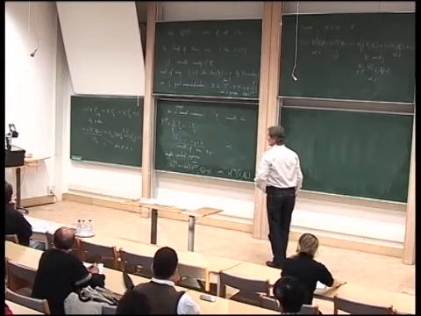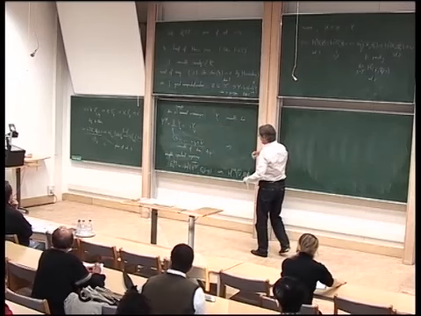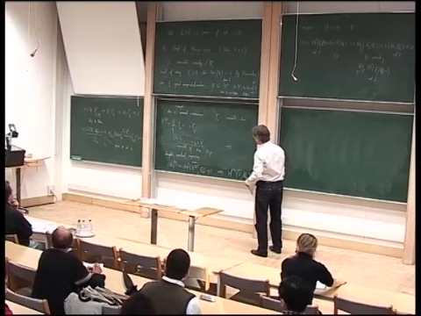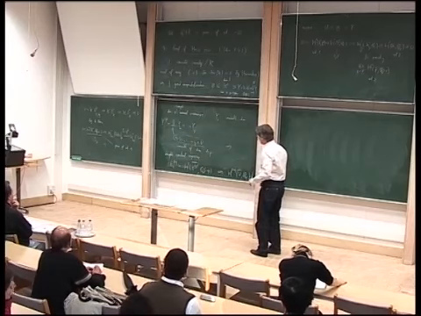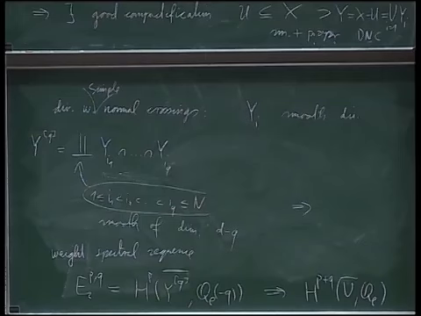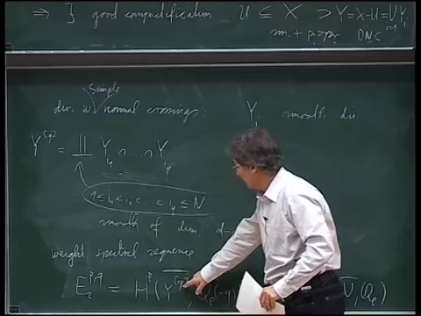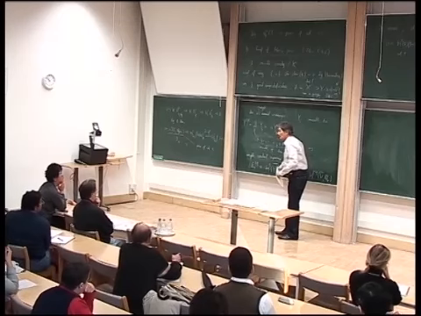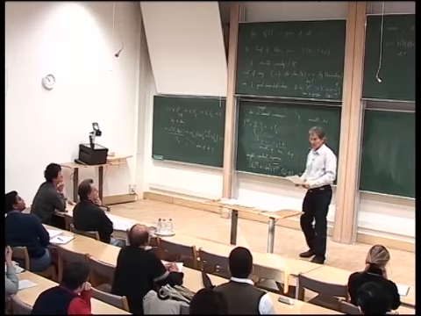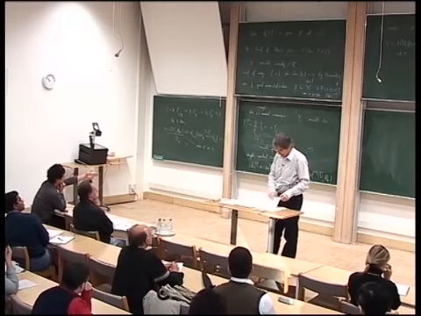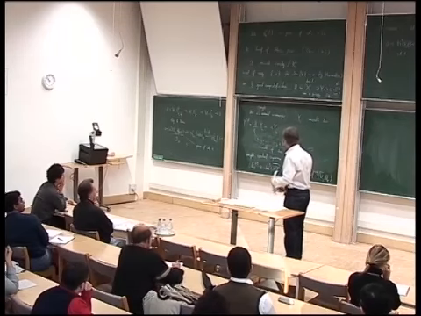Yeah? I must be missing something very stupid about the spectral sequence. But so your indexing is that Y1 is just the single components Yi, I guess, right? Yes, right. And so somehow for curves, there you just have H0 of the point.